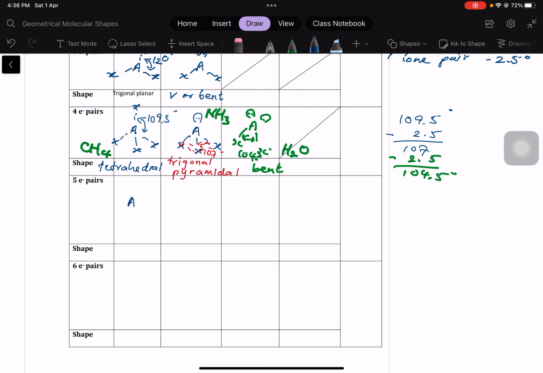So I'm going to draw 5, 1, 2, 3, 4, 5, and you could see there are 5 electron pairs. What you do is join the edges so you can see the shape. The shape of this molecule gives you a triangular base, so it's called trigonal, and there are 2 pyramids, so it's called trigonal bipyramidal.